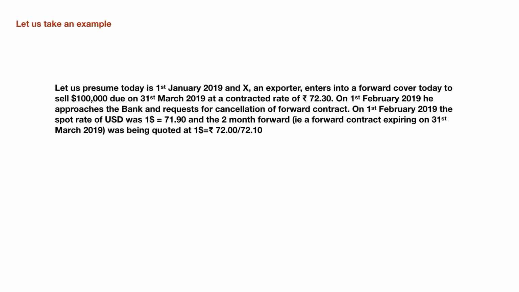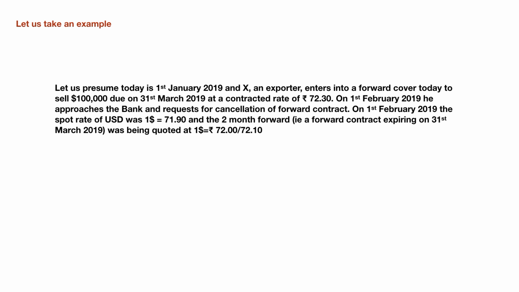Let us presume that today is 1st Jan 2019 and X, who's an exporter, enters into a forward contract to sell $100,000 due on 31st March 2019 at a contracted rate of 72.30 rupees to the dollar.